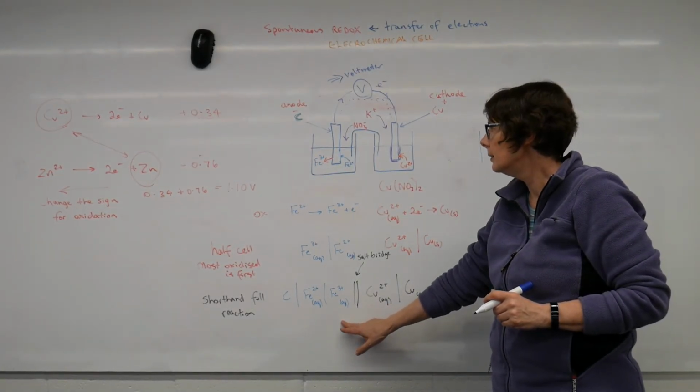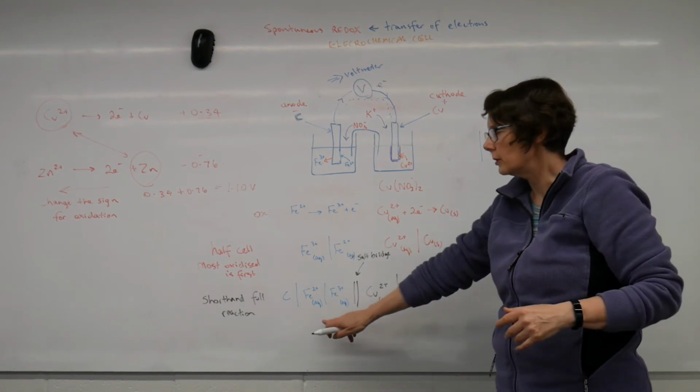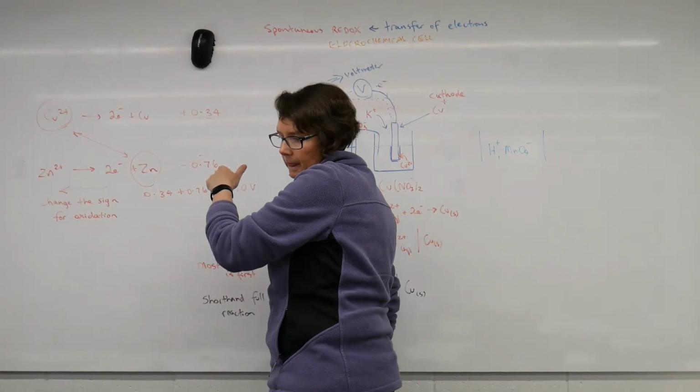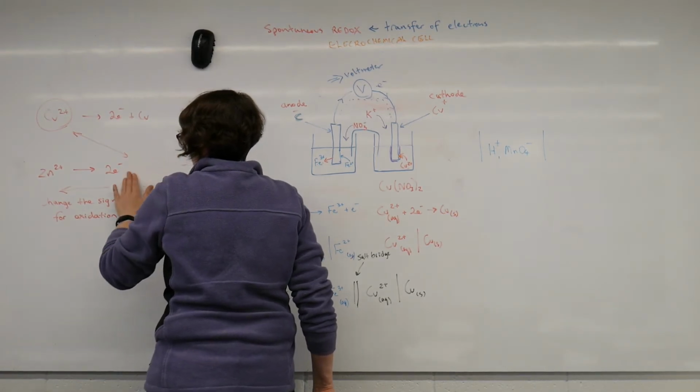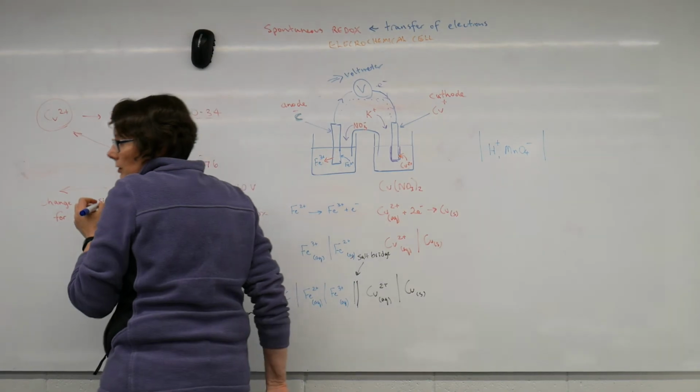What would happen then if, what's the equation here for the oxidation of the Fe2+? What's its E0 value? Fe2+ to Fe3+. Sorry?